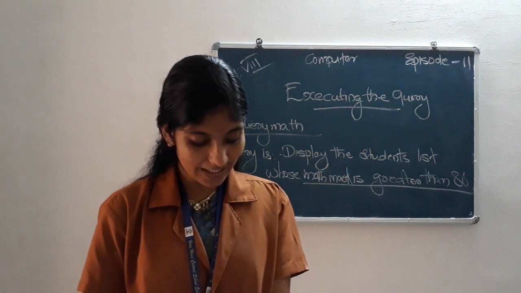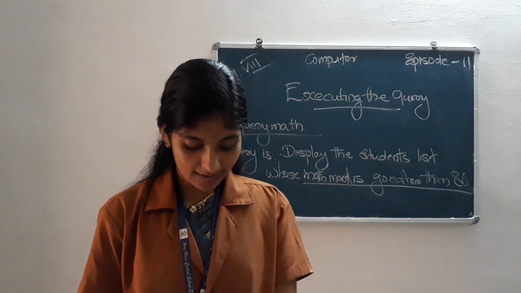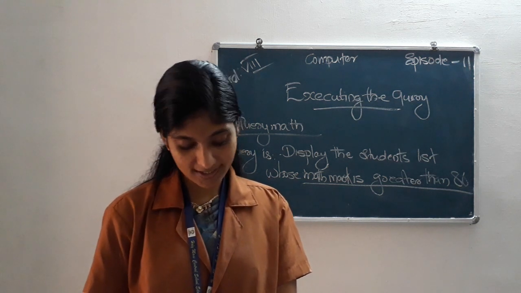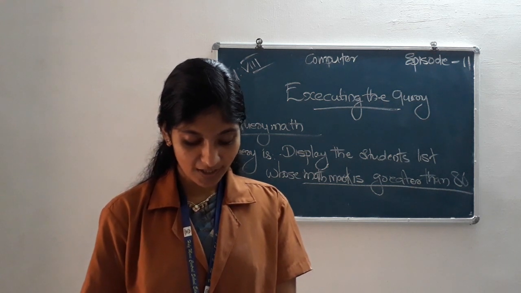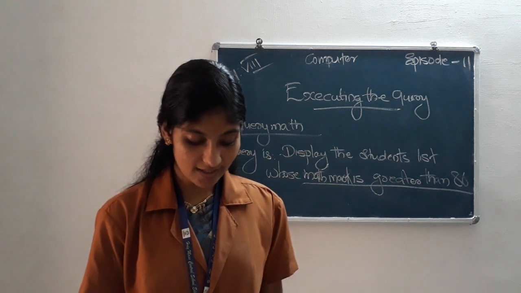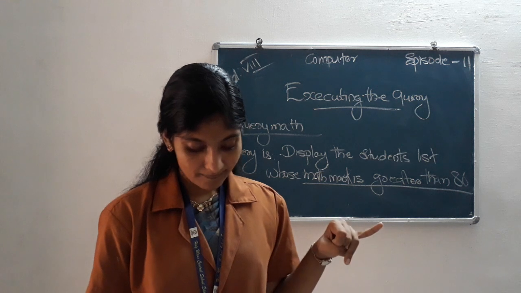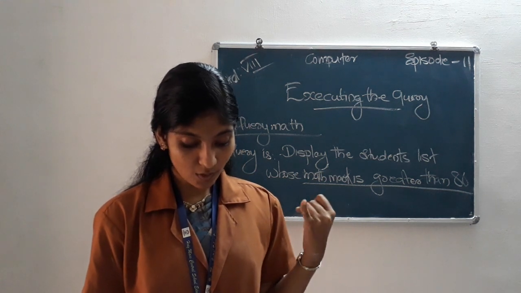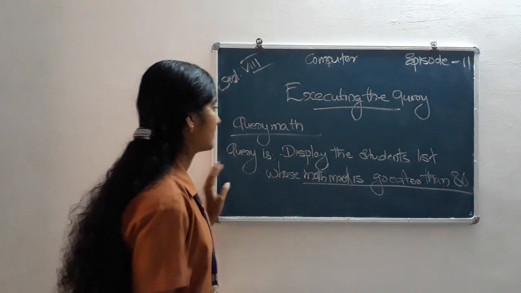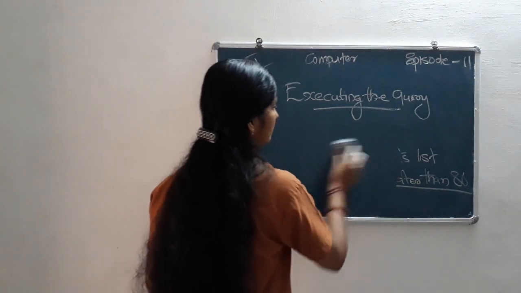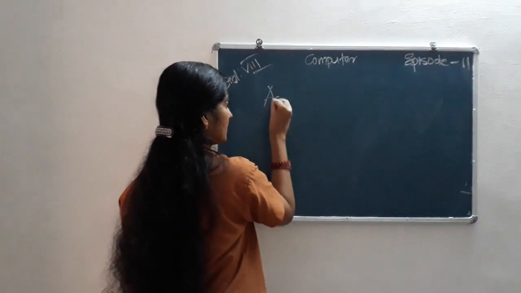So here is an activity. In the query grid below, enter the criteria to obtain the records which have math marks more than 60 and science marks less than 80. So we have the field student, then the list of students who got maths mark more than 60 and science mark less than 80. Activity.